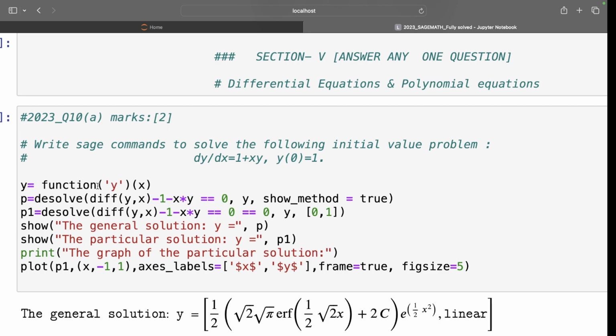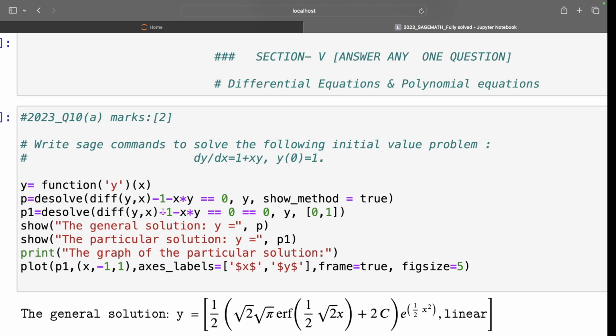Here y is a function, y equals y(x). desolve is the inbuilt function in Sage. desolve, first bracket, diff(y,x), that is dy/dx minus 1 minus xy, so dy/dx minus 1 minus xy equals 0, comma y, solve for y, show_method equal to true.